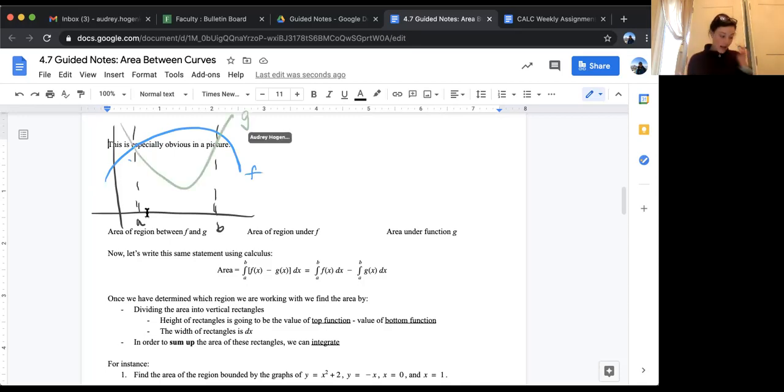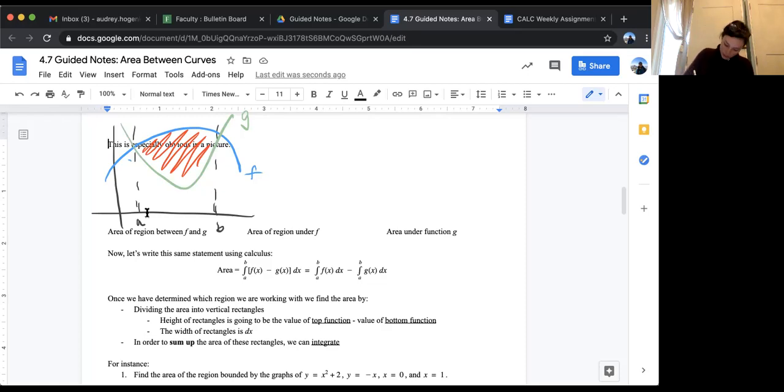So we have function f and we have function g, and the area of the region between f and g, as it says underneath our picture, is going to be shaded in red, and that's going to be right here, right? Between f and g, we have that little eye-shaped region, okay?